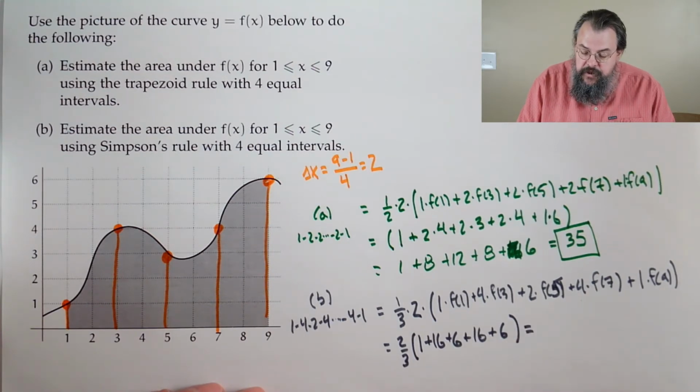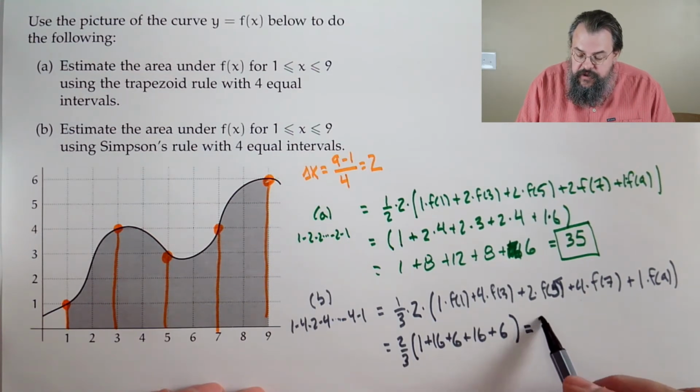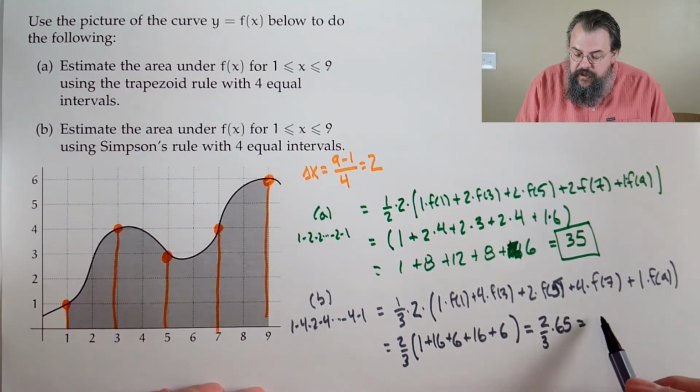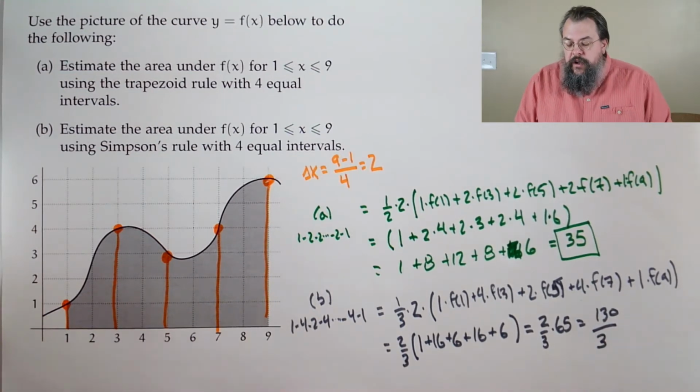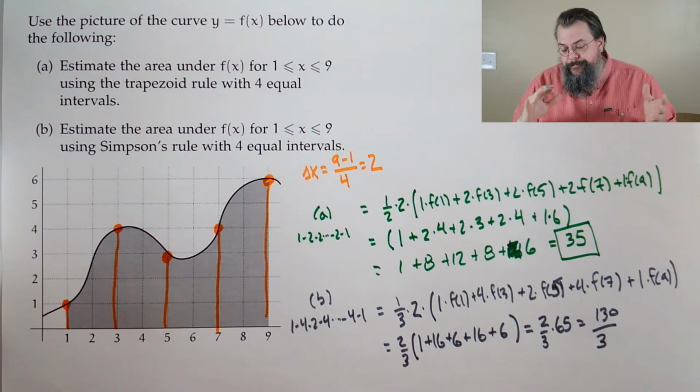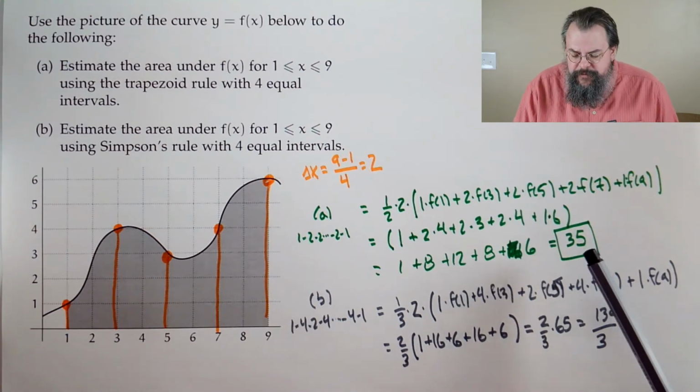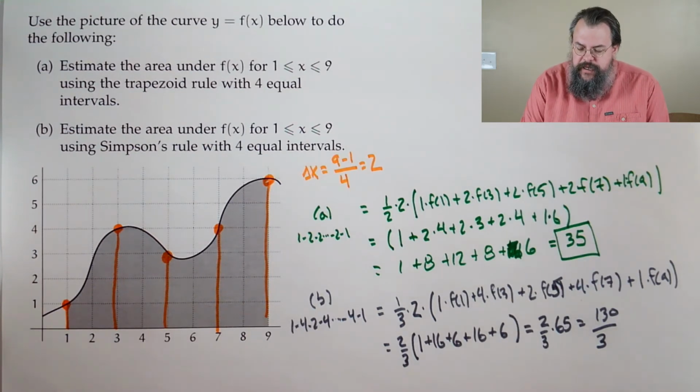Okay, so this looks like 2/3 times 65. Or if you like, that'd be 130 over 3. Well, 130 over 3, that's about 43.33. It's a little bit big when we think about that.